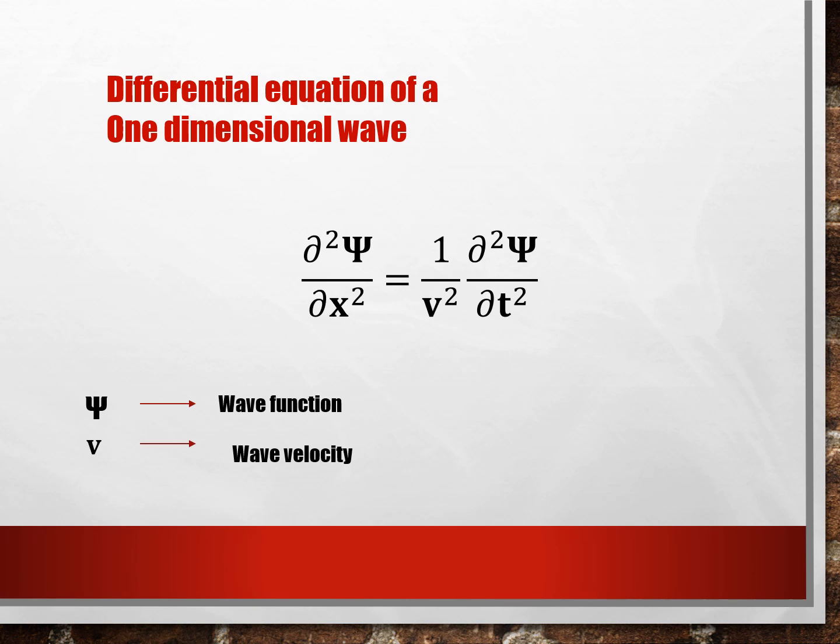The answer is we use partial differential operators when the function depends on two or more variables. Here, the wave function psi in the one-dimensional case is a function of x and t. That is, it depends on two variables. That is why we are using partial differential operators on both sides.